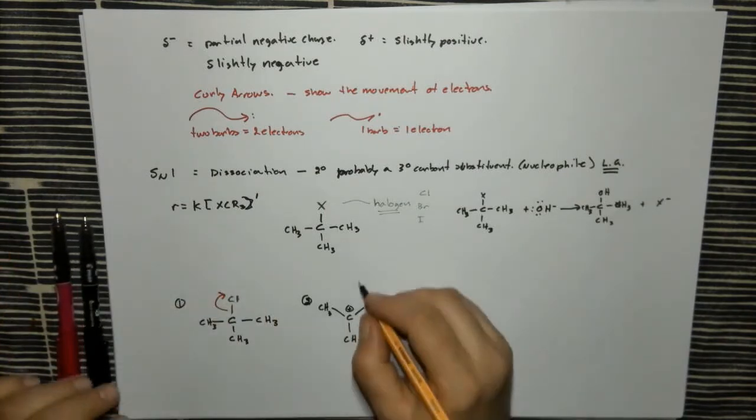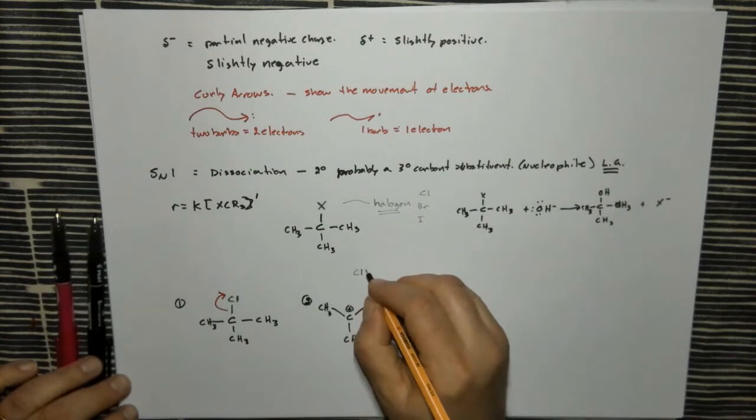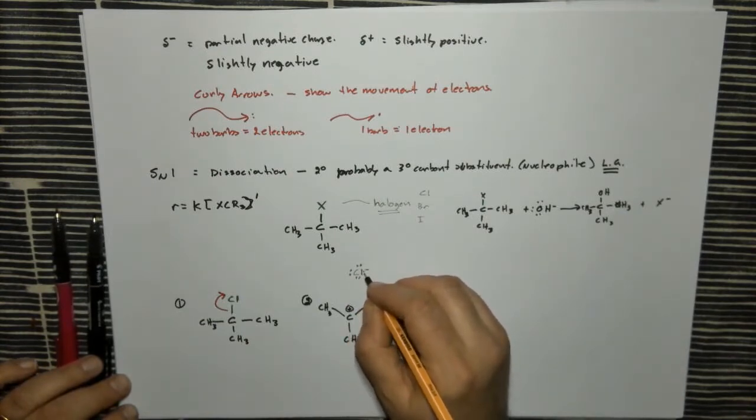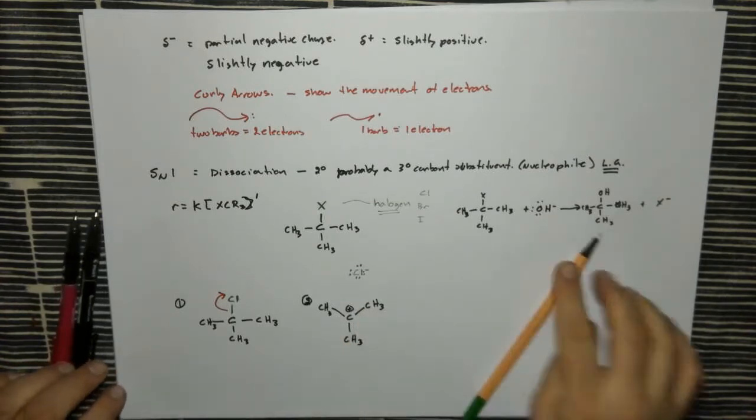And the chlorine has moved off as a free ion by itself.